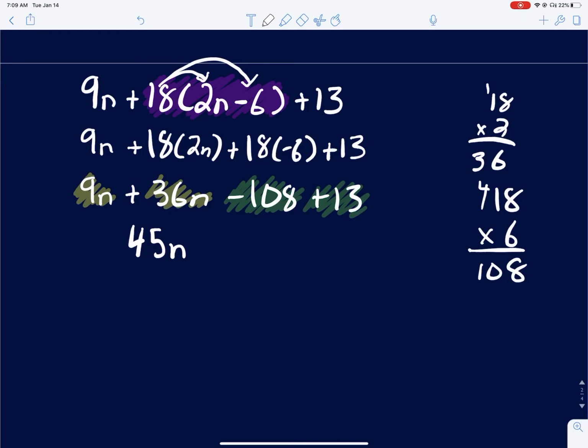Now we see that the negative number is obviously the bigger absolute value, so we know that our final answer there is going to be negative. So we just need to add 13, making negative 108 a little bit smaller in its absolute value. So this should be 45n minus 95. Like 108 minus 13 there.